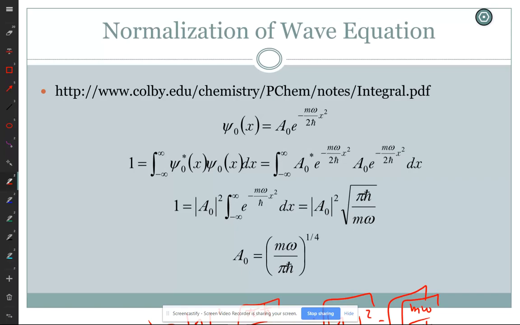So in the problems when we're working with ground state energy, is the ground state n equals 1 or n equals 0? It depends on your system. Right, with the particle in the box, n equals 1 was the ground state, because n equals 0 gave you a null function. For this one, n equals 0 is the ground state.